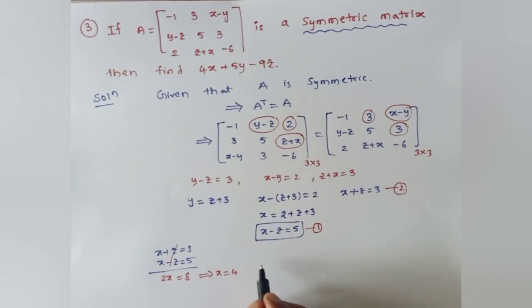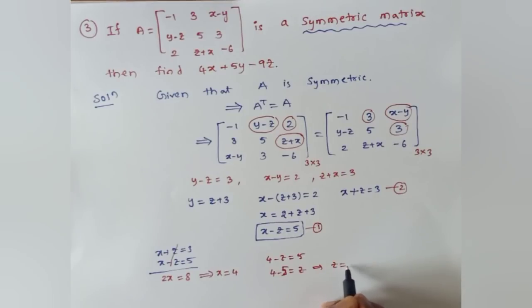Substitute x equal to 4 in equation 1. It becomes 4 minus z equals 5, so z equals 4 minus 5. This implies z equals minus 1.